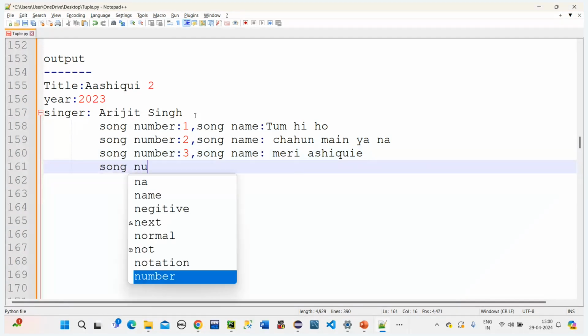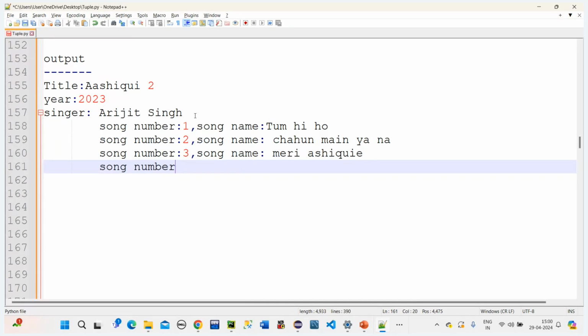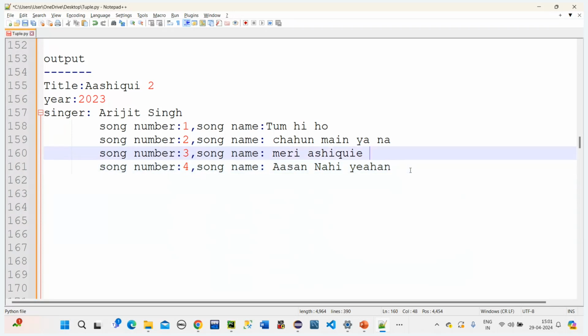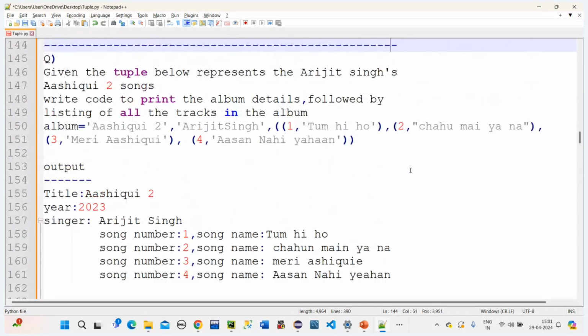The next song number is 4, and then song name Aisa Nahi Yahan. So guys, this is how I want the output. So see here, the output and the question both are in front of you. If you want, you can take a picture of it, and you need to try to solve this.